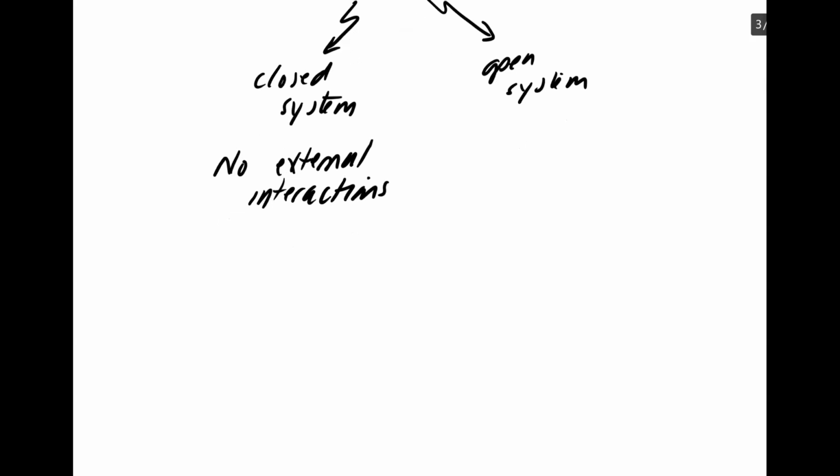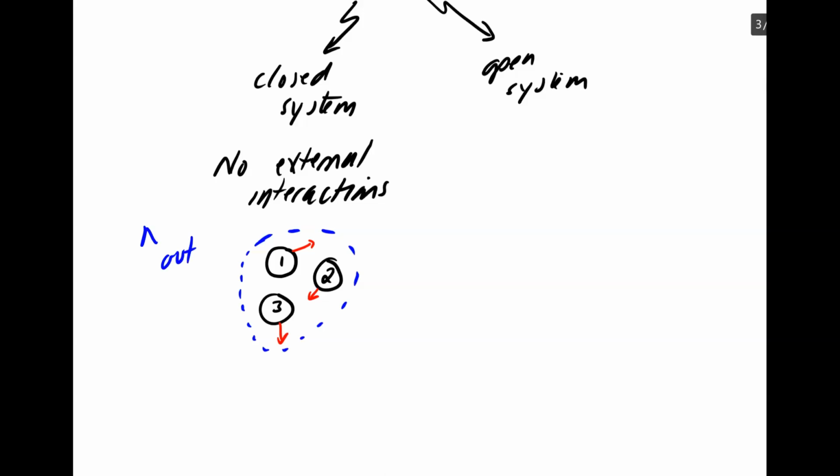Suppose we had three objects, 1, 2, and 3, and they're all doing whatever they're doing. Maybe they're moving in different directions. It doesn't matter at this point. We would think about lumping these three objects together, not physically connecting them, but just mentally: there's my system. And what you're going to ask is, is there anything from the outside pushing or pulling on them?